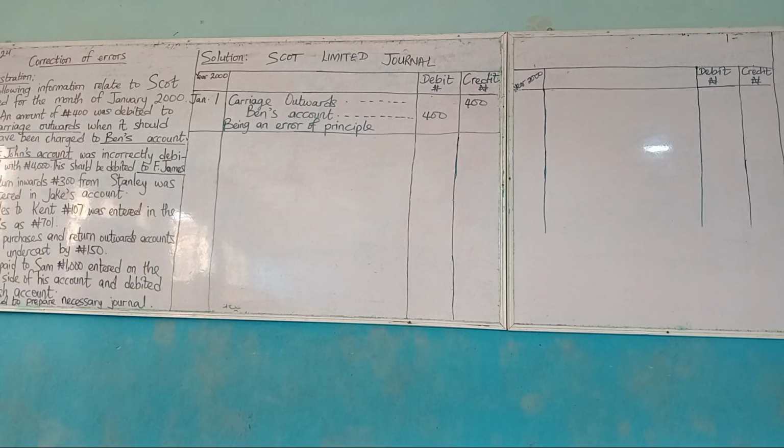F. John's account was incorrectly debited. If it had been incorrectly debited, then how do we reverse this account? By crediting it now. It was previously debited mistakenly, brought into this book, debited mistakenly, so we credit this account now.